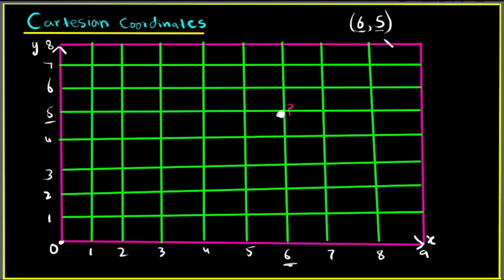So 6 comma 5 would be the location of this point. This is also called the coordinate of point P, which is 6 comma 5: 6 steps in the x direction and 5 steps in the y direction. So that's the concept of the Cartesian coordinate system.